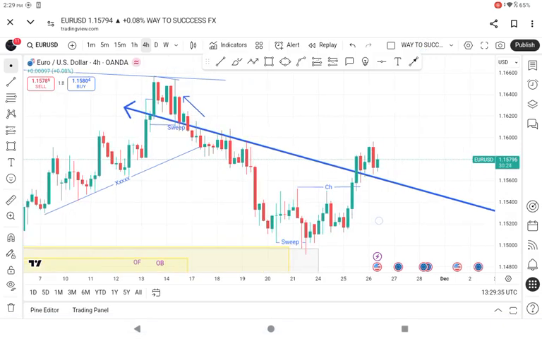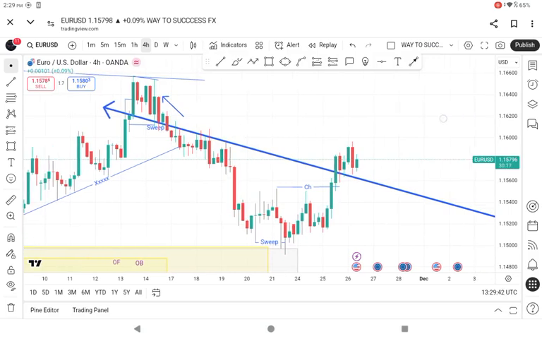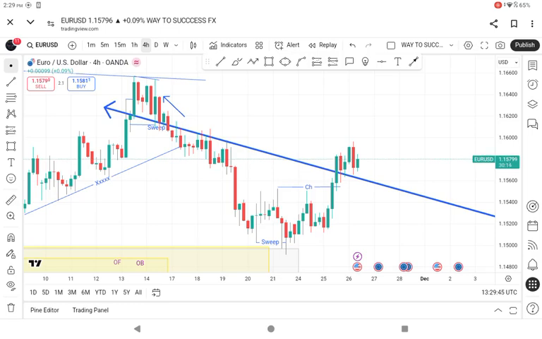So price swept this internal low before breaking this change of character. So now what are we expecting?